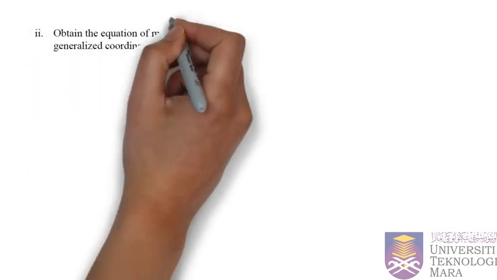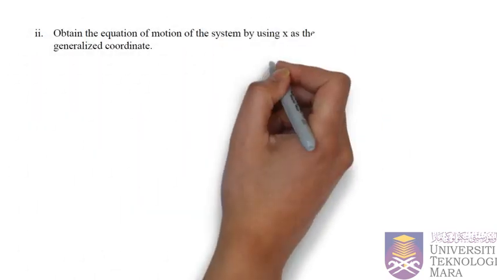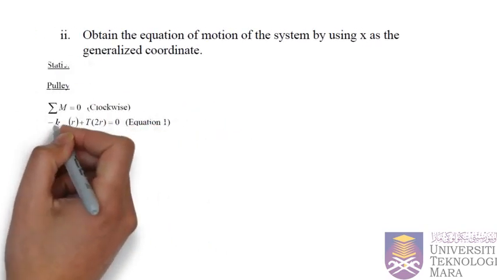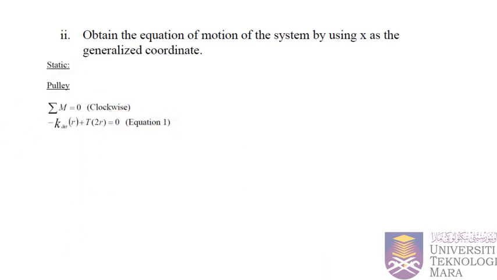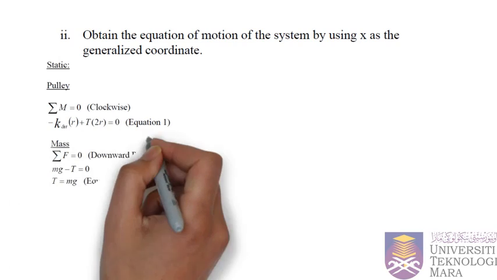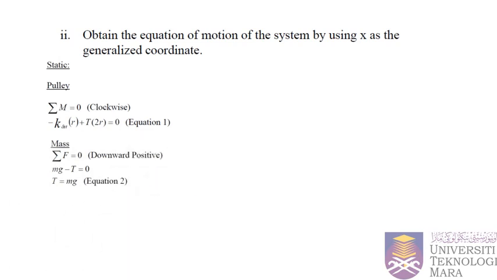Next, obtain the equation of motion of the system by using x as the generalized coordinate. Based on this, we have two conditions of the system, which is when in static and also when in dynamic conditions. The first one is static.